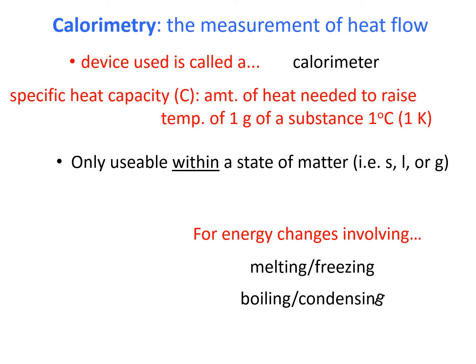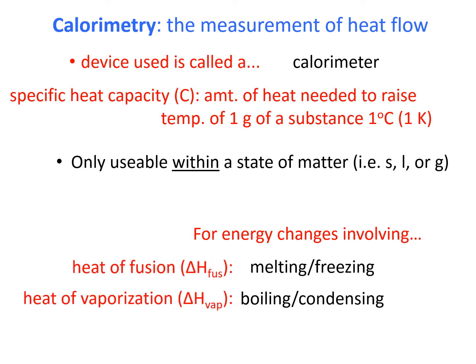like melting to freezing, boiling to condensing, those are called heat of fusion, and that's enthalpy, or heat of vaporization, enthalpy of vaporization. So when you're melting, you're putting energy in, heat of fusion is going to be positive.